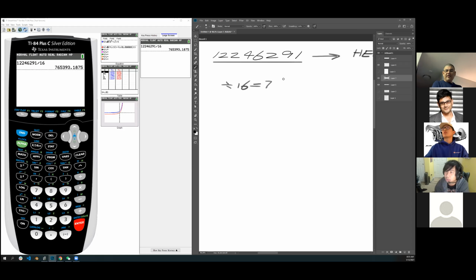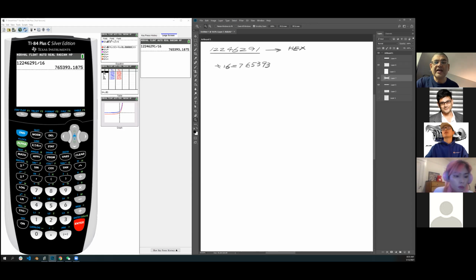So we get. Is there a modulus operator on your calculator? I do not know what that means. Modulus means the remainder after taking the division. It'll say percent. Is there a mod operator on this TI calculator? Does anyone know? I downloaded it a couple of days ago. Let's see.